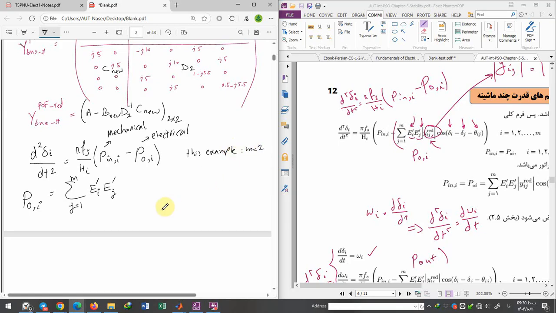We have 2 generators. So after that, the magnitude of Yij from reduction multiplied by cosine of the angle of Ei prime minus angle of Ej prime, as delta i minus delta j minus theta ij.